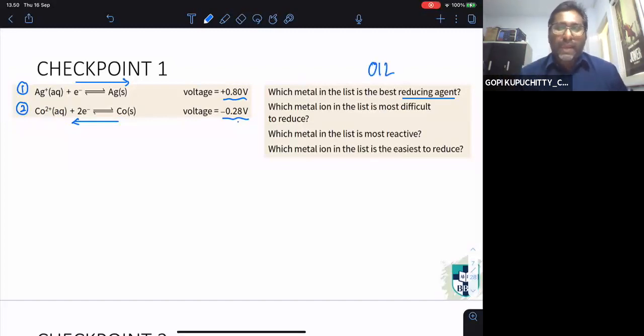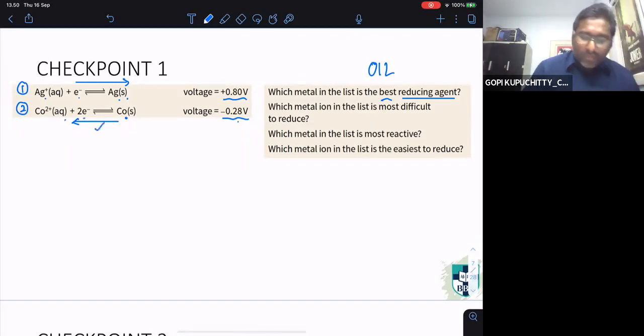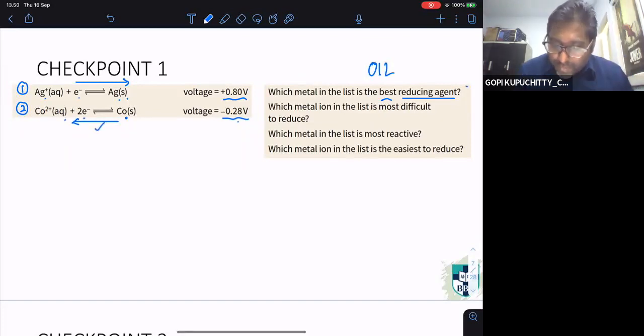Because I need the best, I need to find out which one can lose electron easily. Between this and this, which one can lose electron easily? If you look here, this one adds electron to give you this. Cobalt is the one that will lose electron easily. So the answer is going to be cobalt.